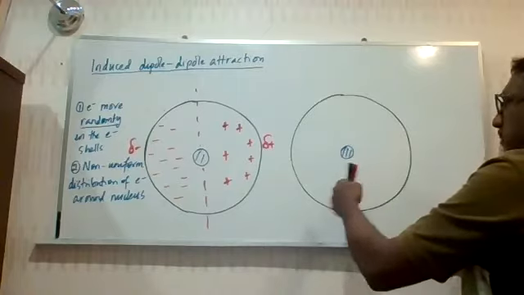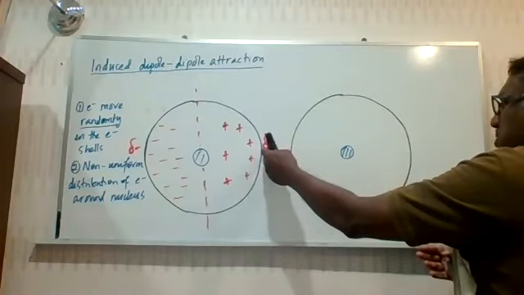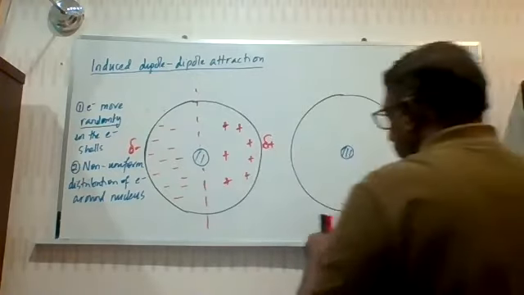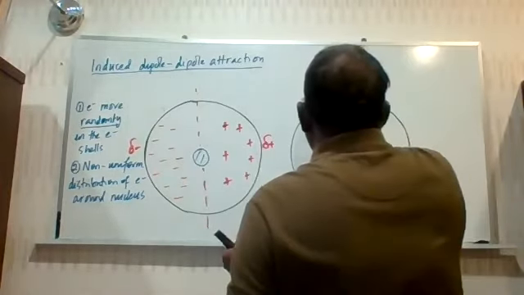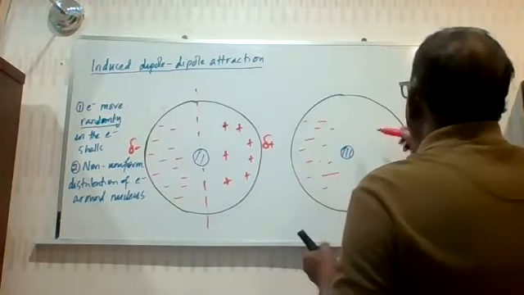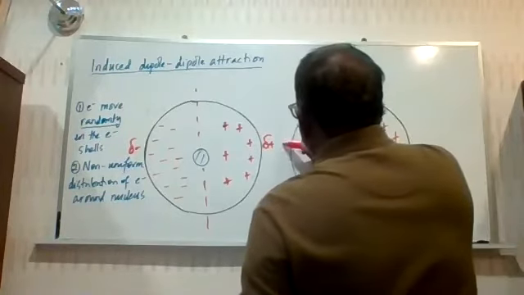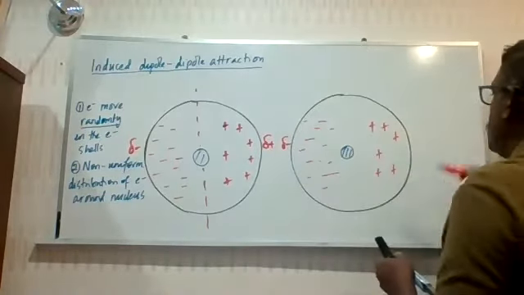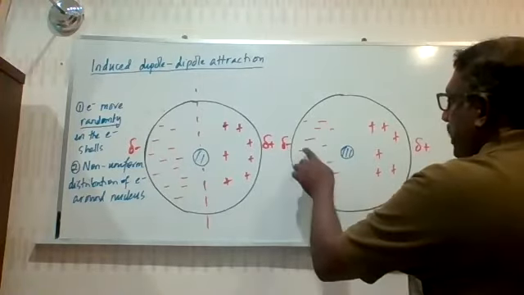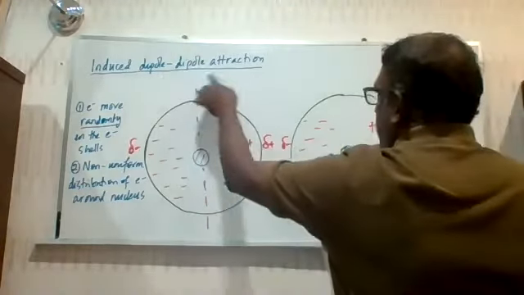So it has not occurred here, but because this atom already has a partial positive charge, it will attract the electrons in this atom, thereby causing non-uniform distribution of electrons in this atom and lack of electrons on this side. In other words, this side becomes partially negative and this becomes partially positive. But the point to note is this partial negative charge was induced by this fellow. That's the meaning of induced dipole-dipole attraction.